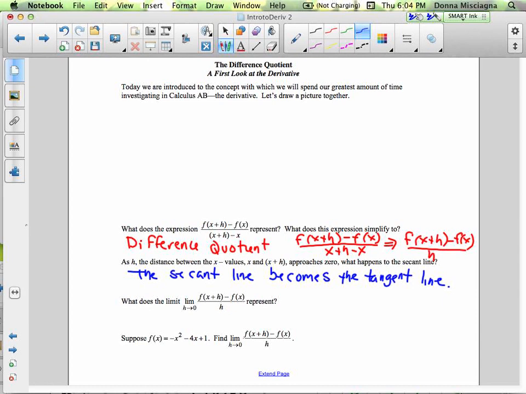What does the limit, as h approaches 0, of f of x plus h minus f of x divided by h represent? Well, that represents some important concepts in calculus. It represents the derivative. It represents instantaneous rate of change.